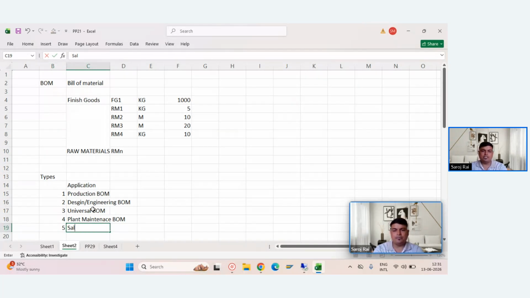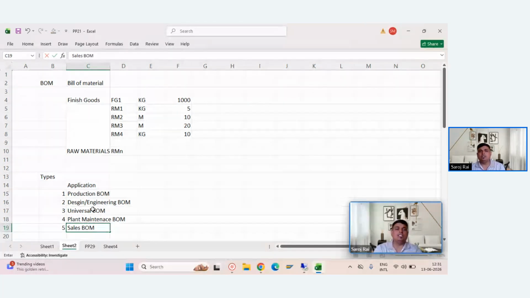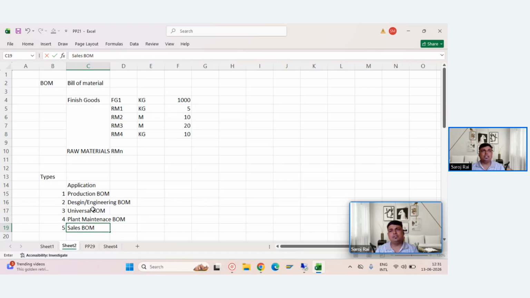Then fifth is the sales BOM. Now what is a sales BOM? Again, there are big use cases here.